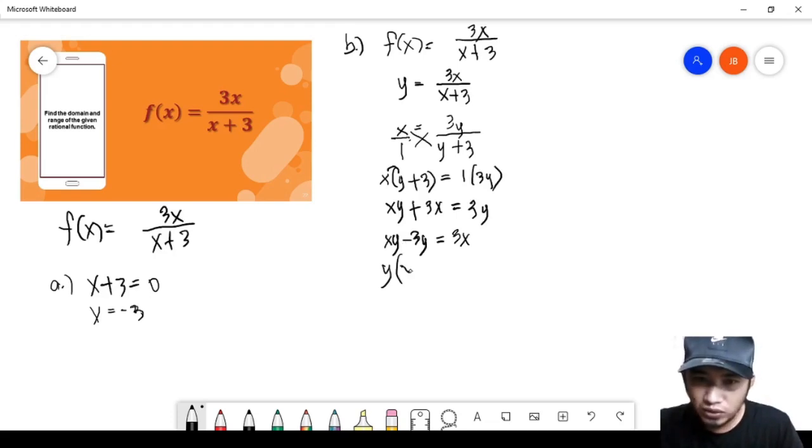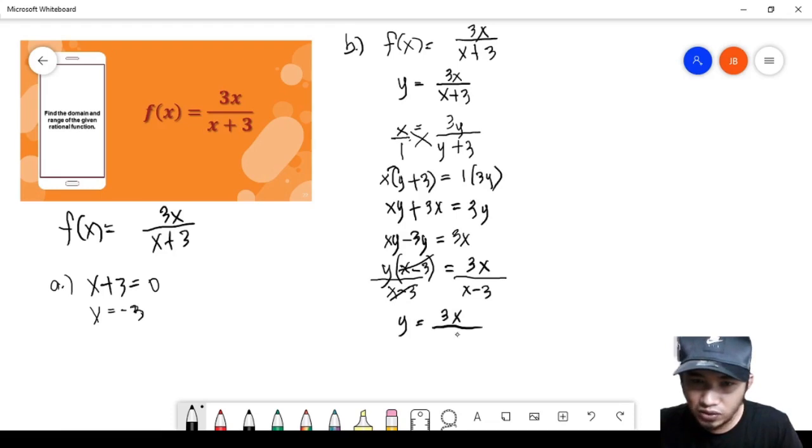Y times x minus 3 is equal to 3x. Okay. For us to have the value of y, divide both sides by x minus 3. X minus 3. Cancel, cancel. Y is equal to 3x all over x minus 3.